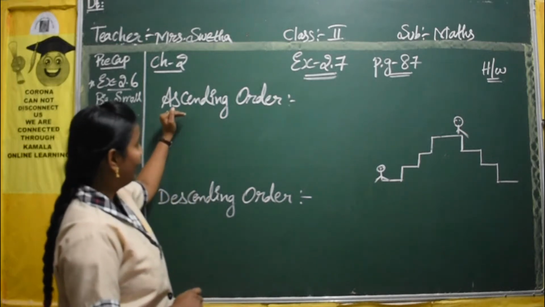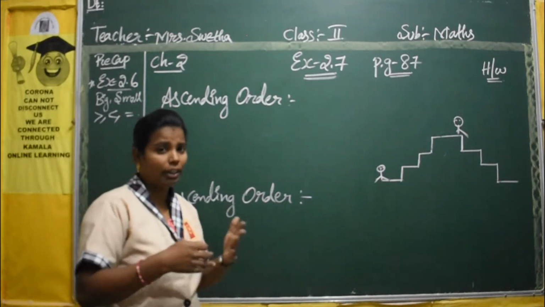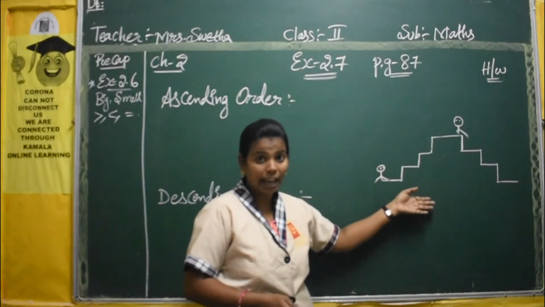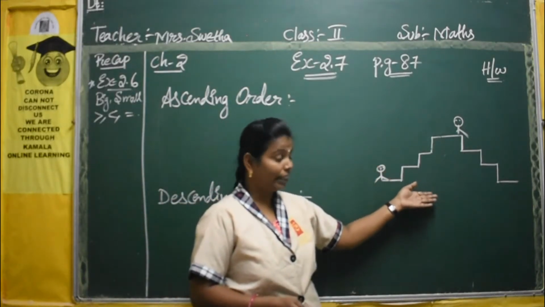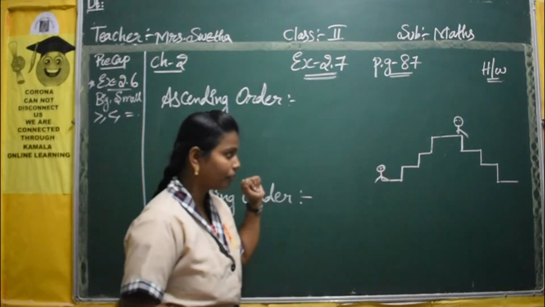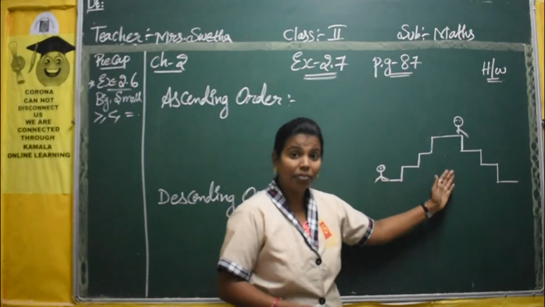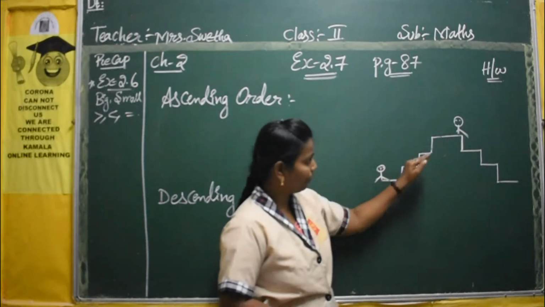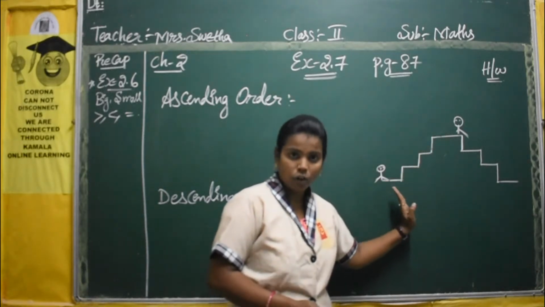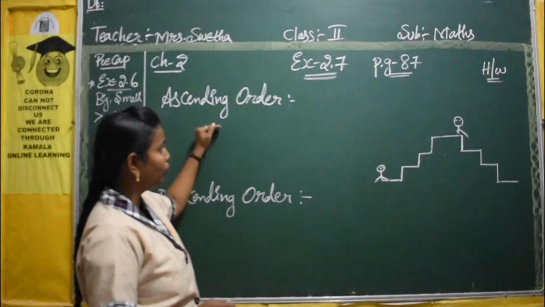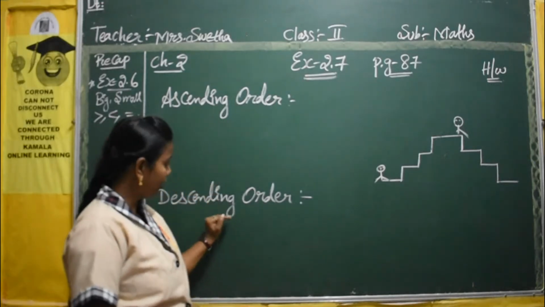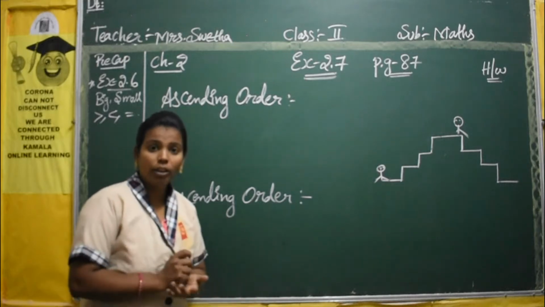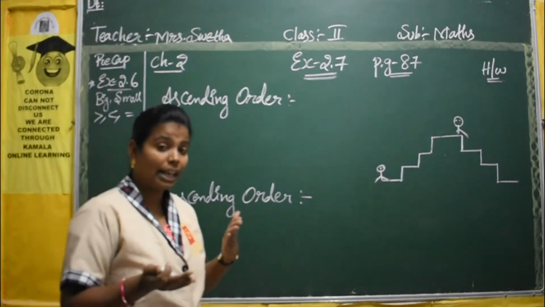I hope you got the idea of what ascending order is. You can see the picture here. I have drawn steps on both sides, and with these steps I am going to explain what ascending order and descending order are. What did you learn in your first class?